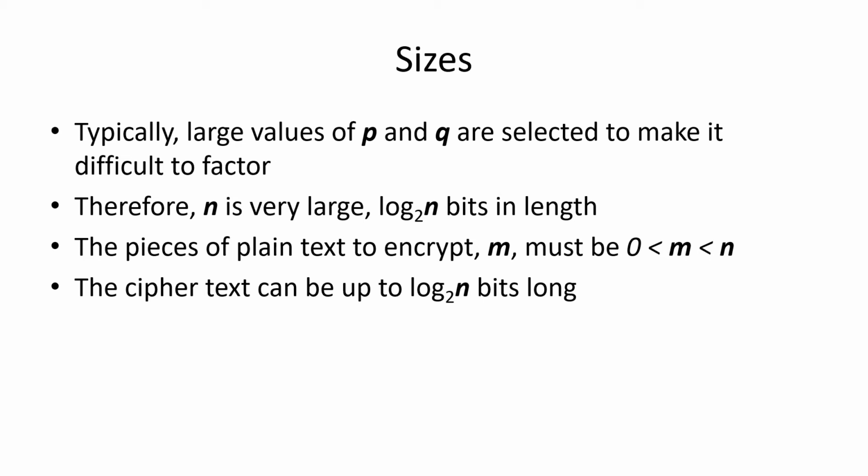If you use large values of P and Q, it takes an awful lot of time. So we want a big N. The larger N is, the better it is. Of course, N has to be bigger than the text value, because if it's not, then as you mod it, you'll lose values and you won't be able to get the true value of M back again.